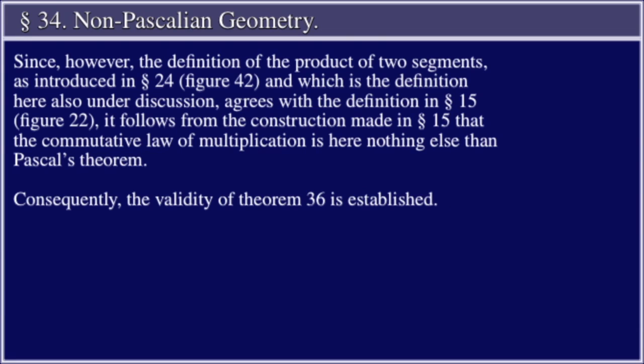Since, however, the definition of the products of two segments as introduced in section 24, figure 42, and which is the definition here also under discussion, agrees with the definition in section 15, figure 22, it follows from the construction made in section 15 that the commutative law of multiplication is here nothing else than Pascal's theorem. Consequently, the validity of Theorem 36 is established.